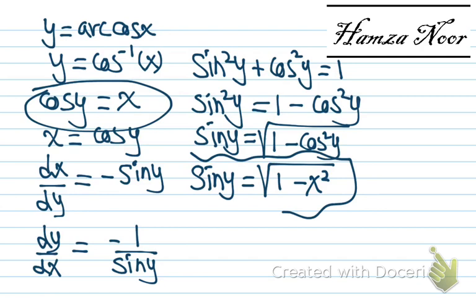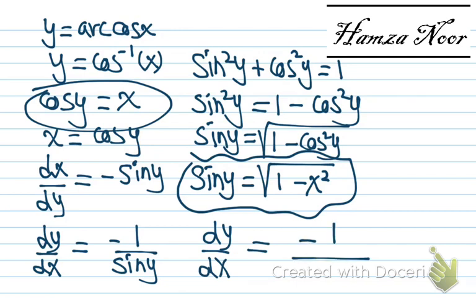Since we have expressed sine y in terms of x, we can write dy over dx is equal to minus 1 upon under root of 1 minus x squared. So when y is equal to arccos x, meaning y is equal to cos inverse x, the dy over dx function will be equal to minus 1 over under root of 1 minus x squared.